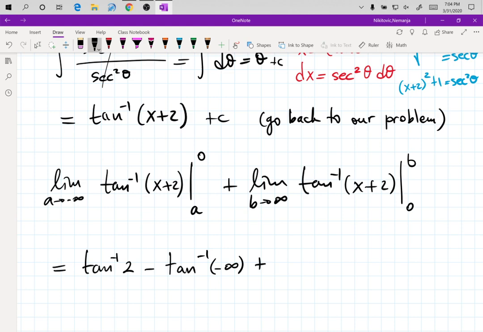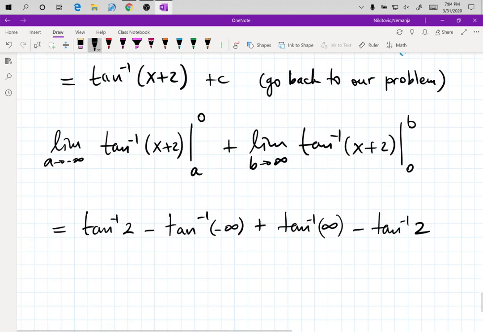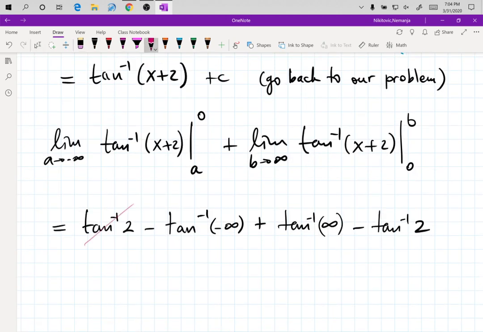Plus tangent inverse of infinity minus tangent inverse of, when you plug in 0, 2. Now we immediately see that these two cancel because they are the same term with opposite signs. That's easy. And I have these two terms here.